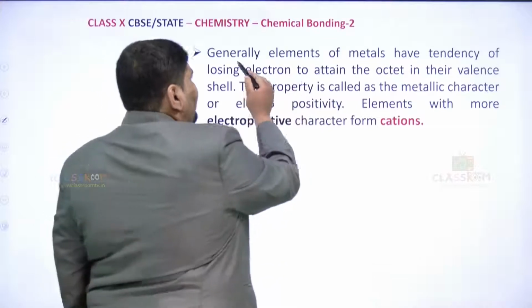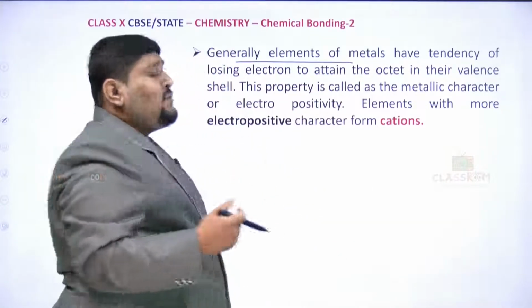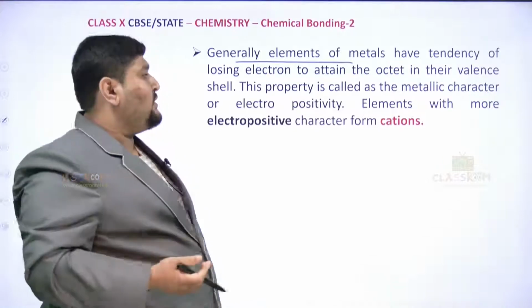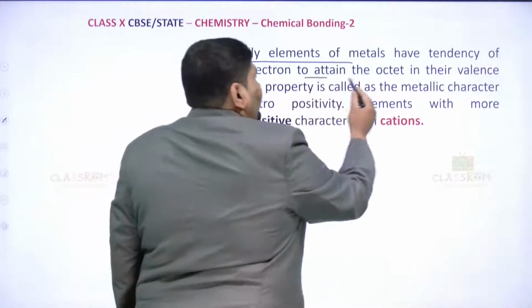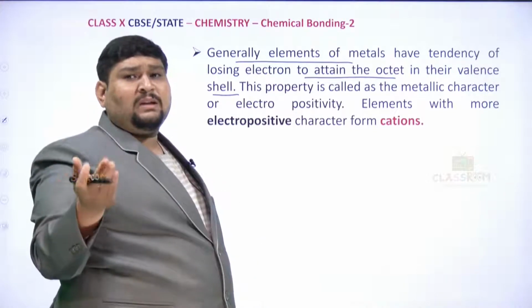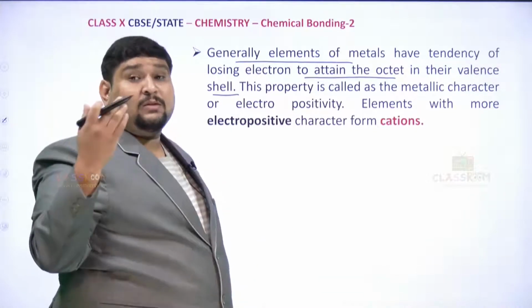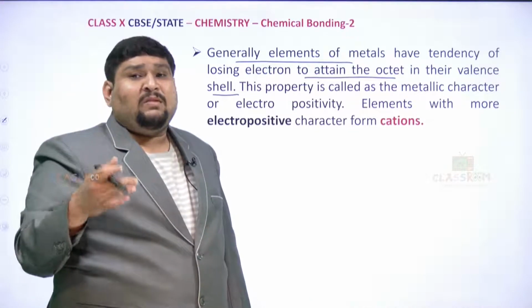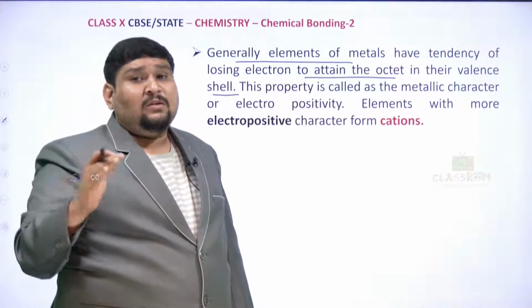So as we know, generally elements of metals have the tendency of losing electrons. Metals have the capacity of losing electrons to attain an octet in their valence shell. To attain an octet is the most important criterion, and the overall aim of every atom is to be stable by losing or gaining electrons.